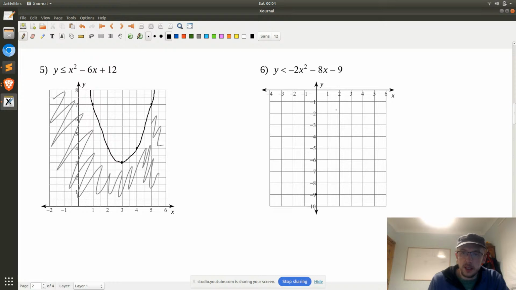So it's going to be here, the line of symmetry, and you can plug in -2. Square it, you get 4, times by -2, you get -8. Then add 16, so 8, and then take 9, so -1. So there, that's what it'll look like.